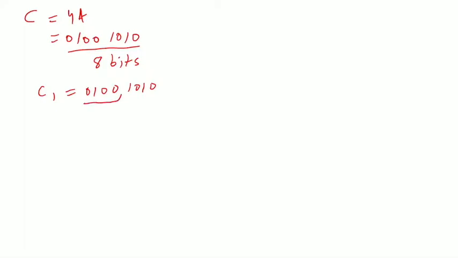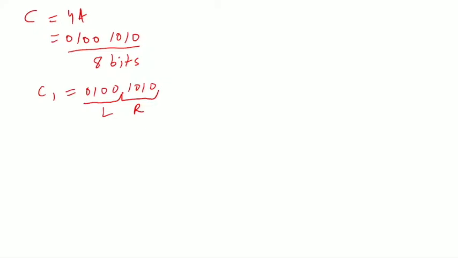Again, our ciphertext is 4A, which basically means it's 0, 1, 0, 0, 1, 0, 1, 0. Okay, so that's 8 bits. And we have to split our ciphertext into 8-bit blocks. This means that we just have one ciphertext block, which is 0, 1, 0, 0, 1, 0, 1, 0. This is the left half of this block, and this is the right half of this block.